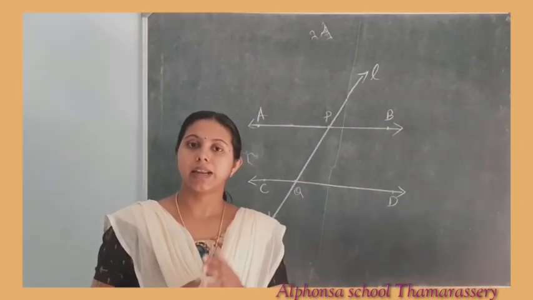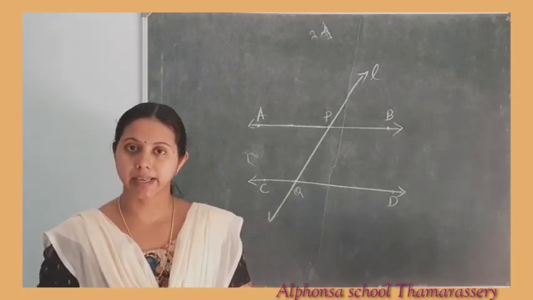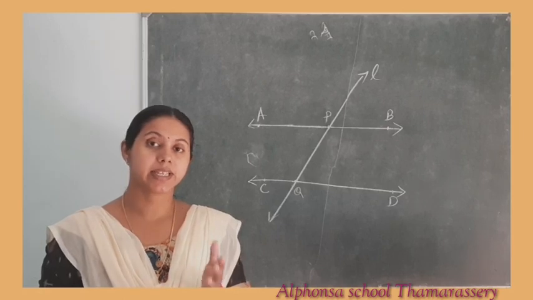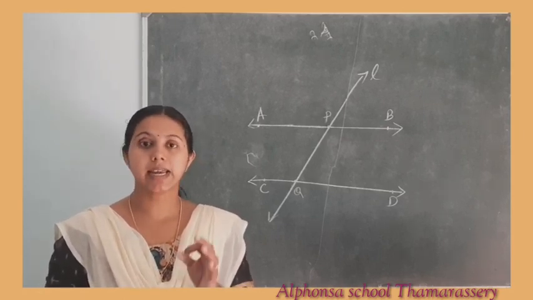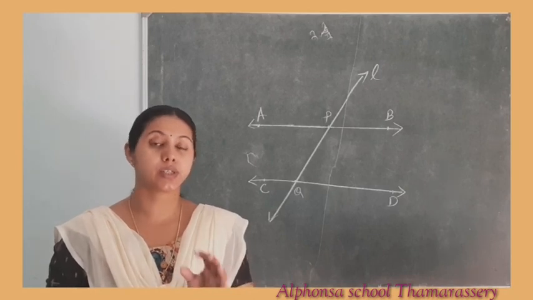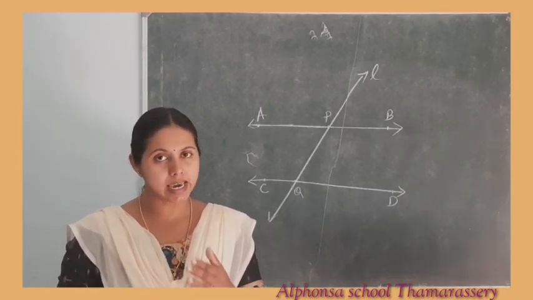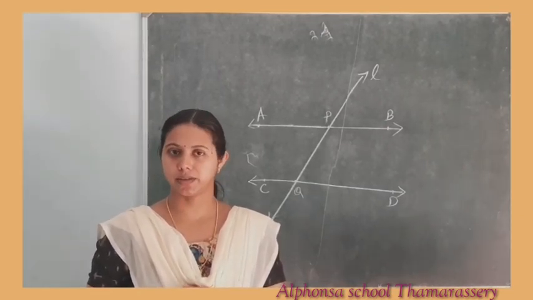We can prove that statement using the converse of the corresponding angles axiom, that is axiom 6.4. It says that if a transversal cuts two lines such that a pair of corresponding angles is equal, then the two lines are parallel to each other.